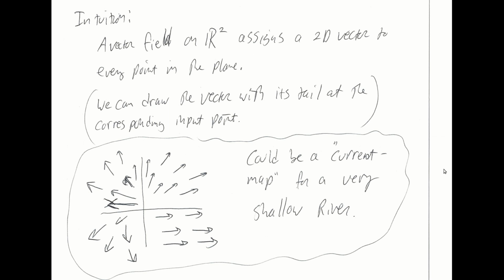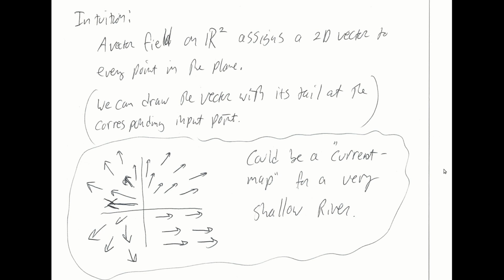A vector field on R2 assigns every point in the plane a 2-dimensional vector. So every point in the plane could serve as input to such a vector field, and it assigns to that point, or it associates with that point, a 2-dimensional vector, the output vector that corresponds to that point as input.